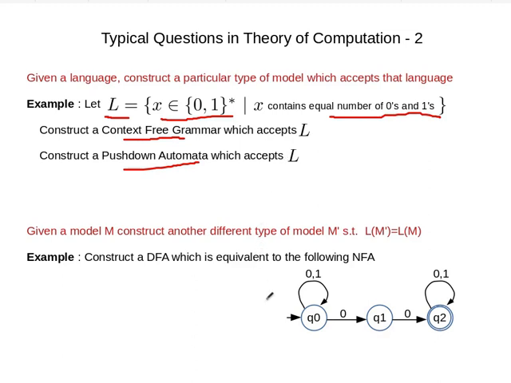Then we mentioned that DFAs are equivalent to NFAs, so that means given any DFA you should be able to construct an equivalent NFA, or given any NFA you should be able to construct an equivalent DFA.